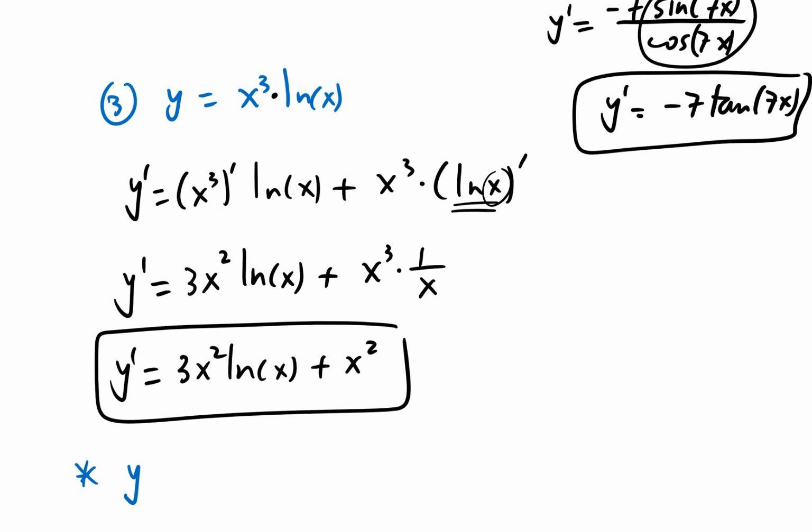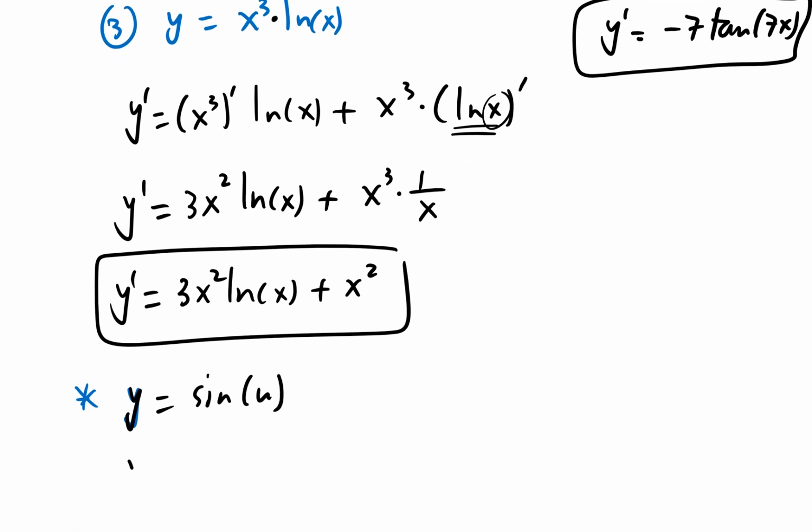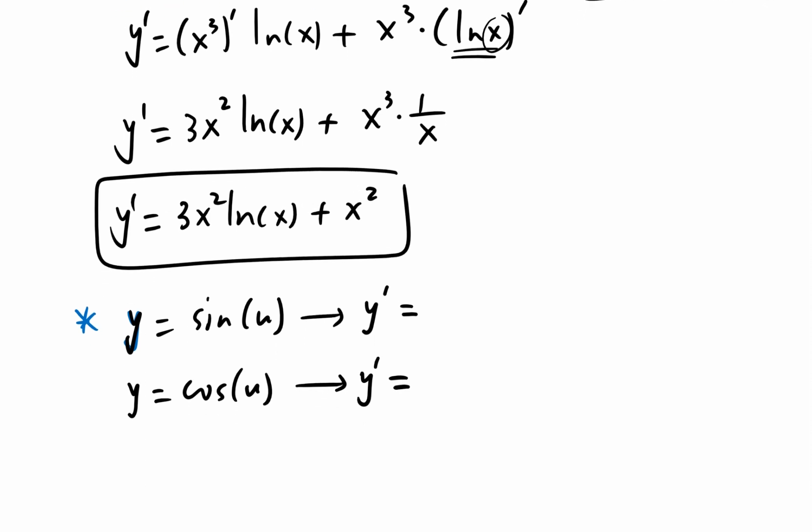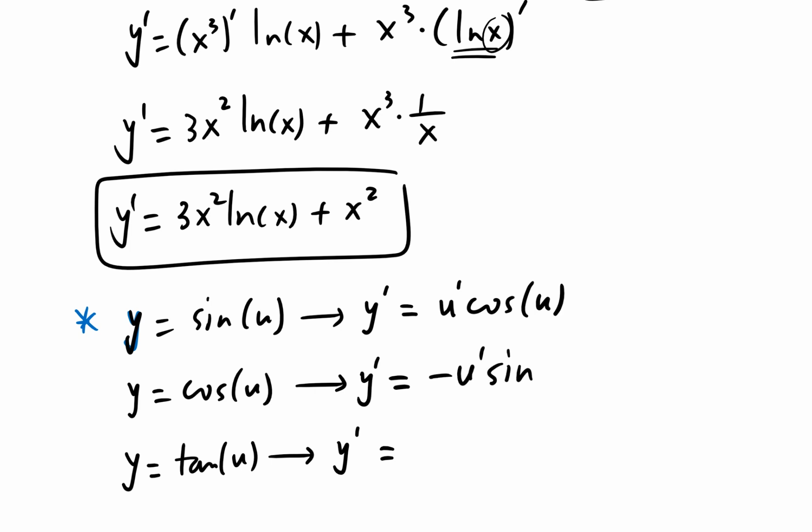Just to recall, if we have y equals sine u, y equals cosine u, recall the formulas for these if you haven't watched the videos yet. The derivative of sine u is u prime cosine u. The derivative of cosine u is negative u prime sine u. The derivative of tangent u is u prime secant squared of u.